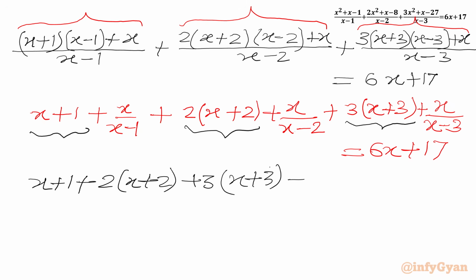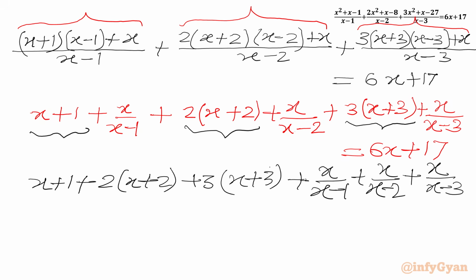Then we'll write the fractional terms. So I will write x over x minus 1 plus x over x minus 2 plus x over x minus 3 in the LHS. And in the RHS, we will write 6x plus 17.